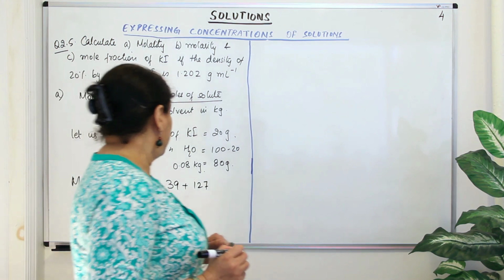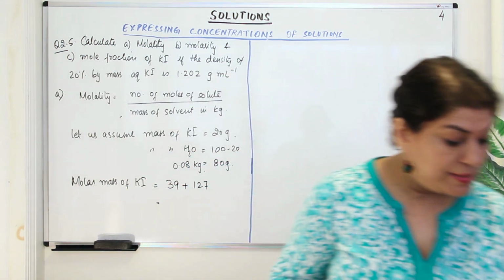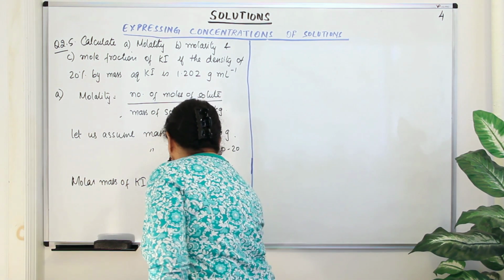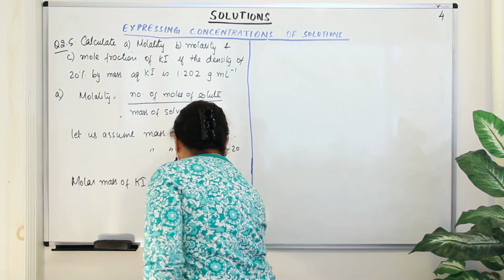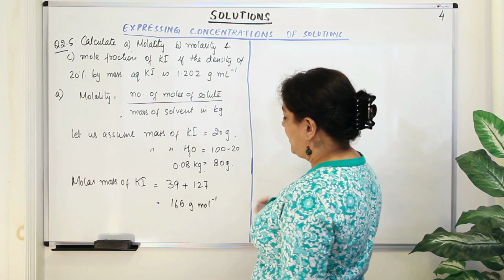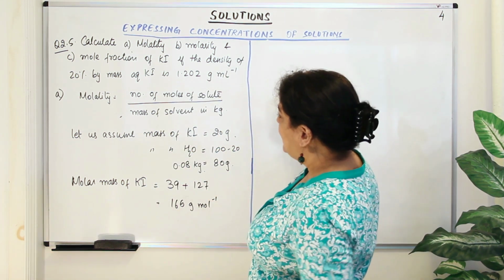The mass of potassium is 39 and iodine is 127. The molar mass comes out to be 166 grams per mole is the molar mass of potassium iodide. So now you get 166.